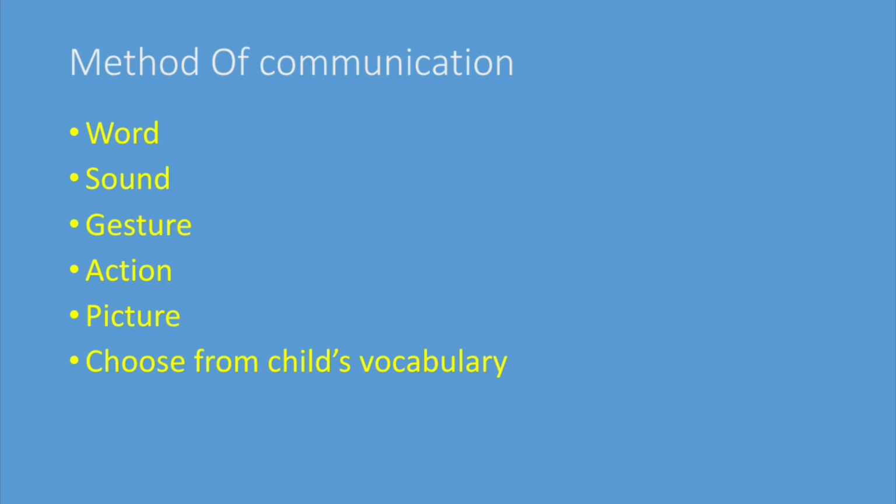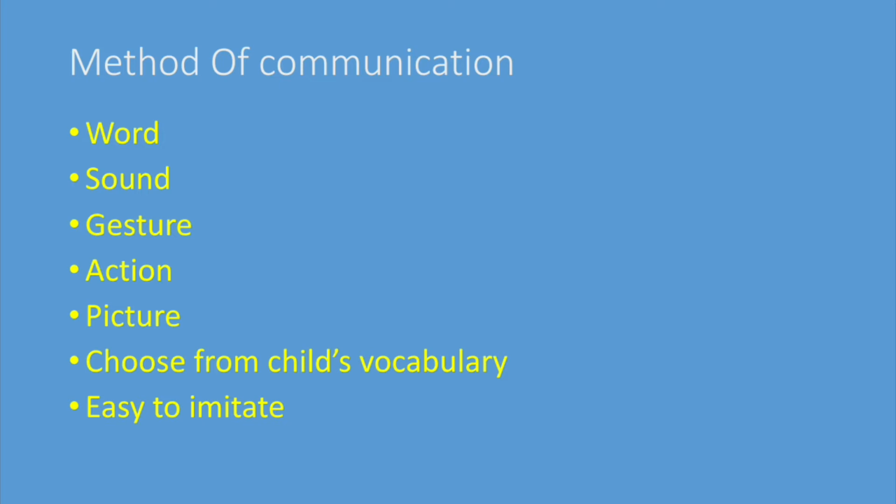That means the child may already be using some words and making some sounds, and can imitate some actions and gestures. So we have to choose from these things which the child is already using. If you are choosing an action or gesture, it should be easy for the child to imitate.